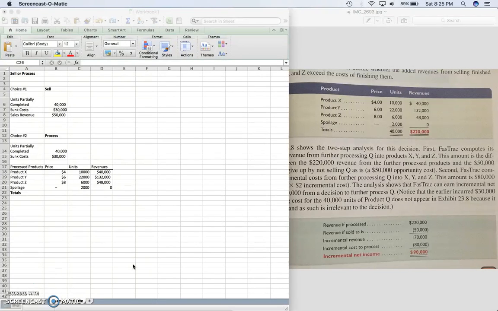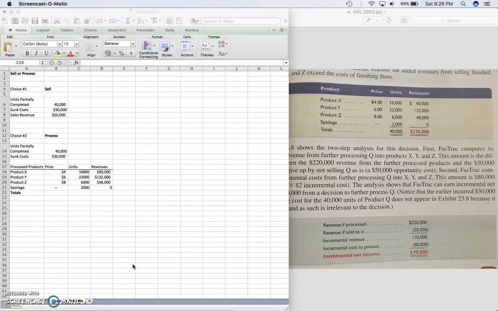Fast Track has two choices here. Choice one is that they can sell these 40,000 partially completed units as raw materials to any company that will accept them and buy them. This company, let's call them X Corp, would buy them for $50,000.